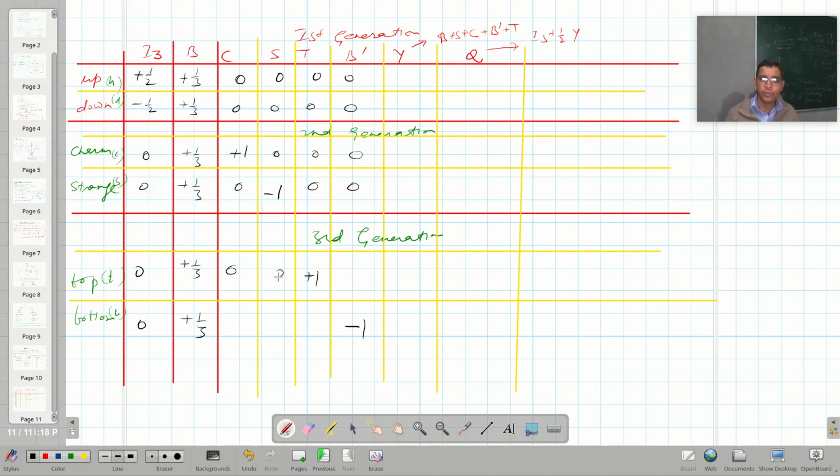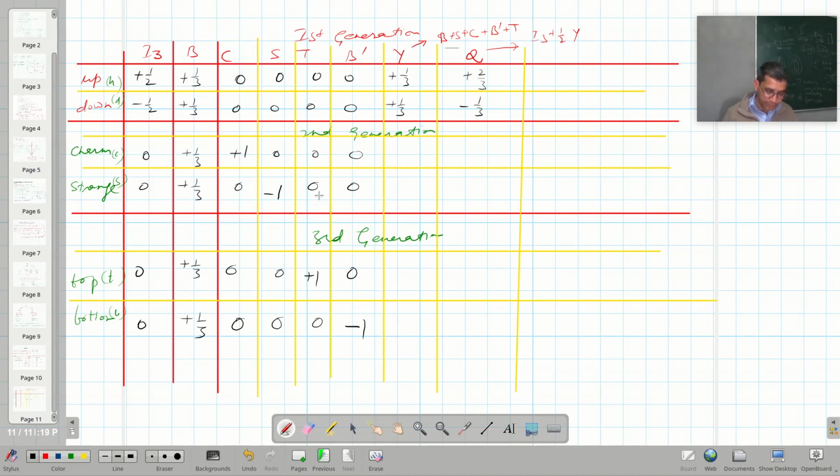It is better if you remember this table in this way, and then you can estimate using this formula for Y. After applying this formula, you will get Y equal to plus 1 by 3 here, and here it is again 1 by 3, but it will be plus 2 by 3 using this formula, and here it is minus 1 by 3.